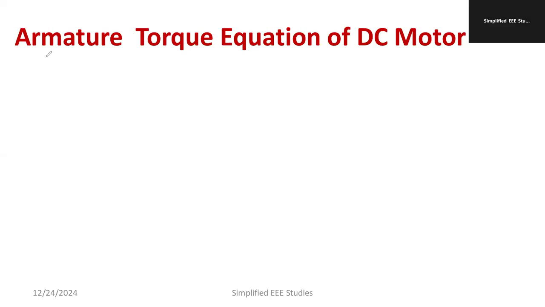You already know about the fundamentals of DC motor. In the case of a DC motor, the electrical energy is converted into mechanical energy. So first of all, I'm going to find out the mechanical power developed in a DC motor.